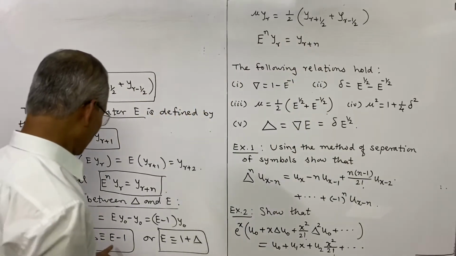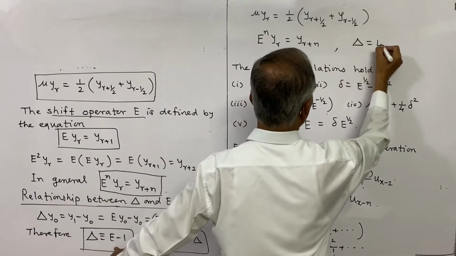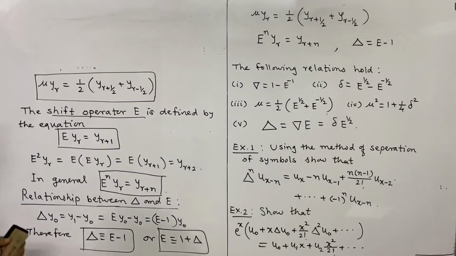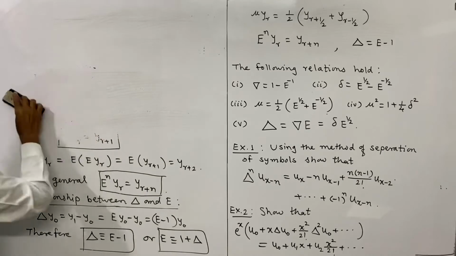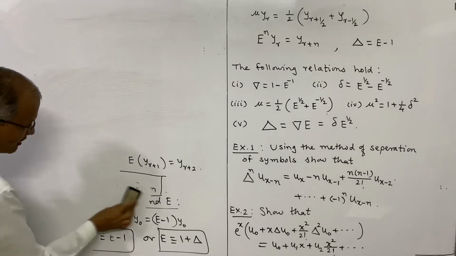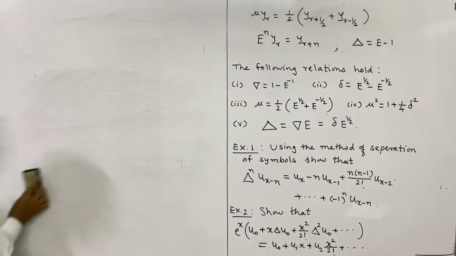And relation between delta and E: delta is equal to E minus 1, or E is equal to 1 plus delta. So these are the relations we have. Now we will prove these relations using these relationships between the operators.